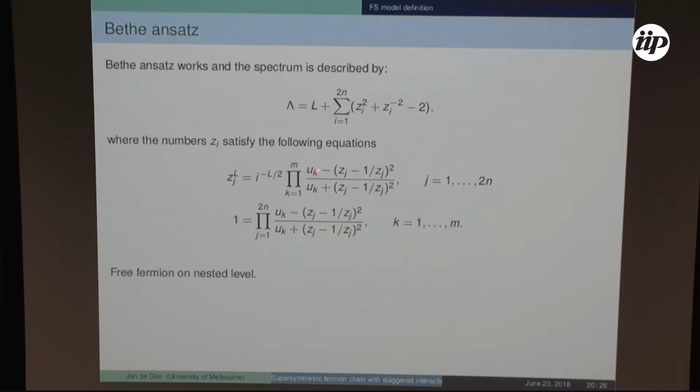And you can see that there appears a second set of Bethe roots. We call them u, and they are associated with the nested level of the Bethe ansatz. So there are two families of Bethe equations. One is for the z_j's, with a product over all the u's. So each z_j has to satisfy this equation, and then every u_k has to satisfy this equation where the product is now taken over all the z's.